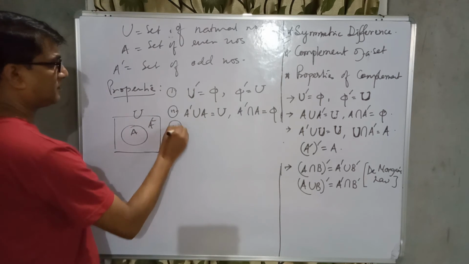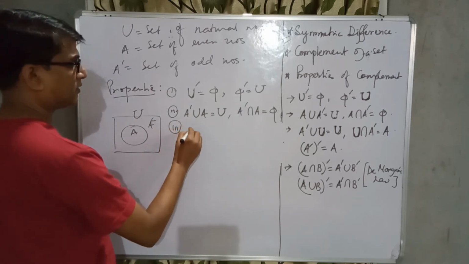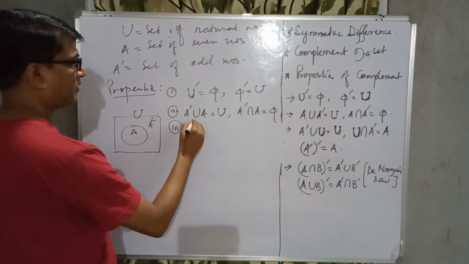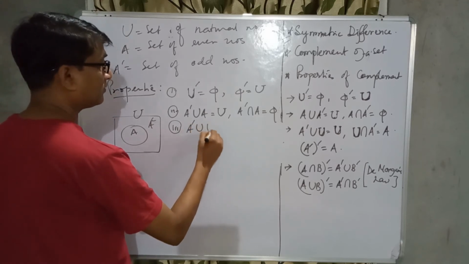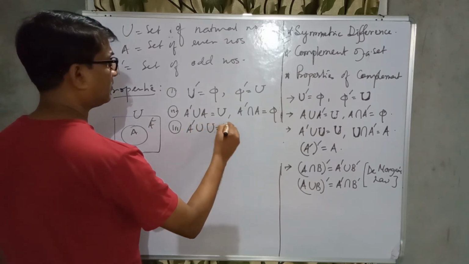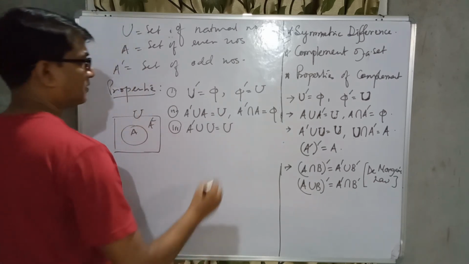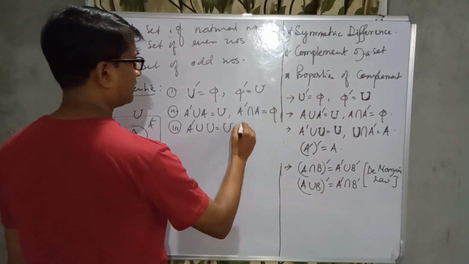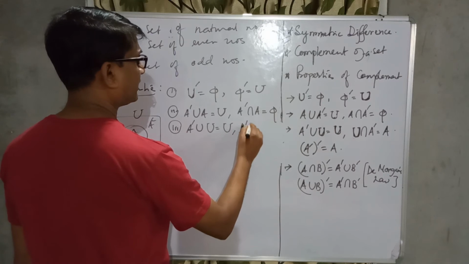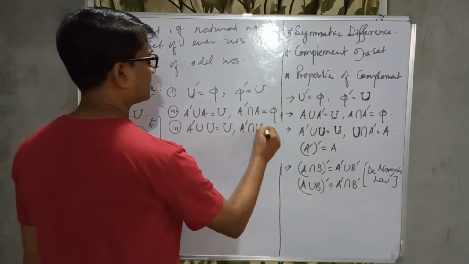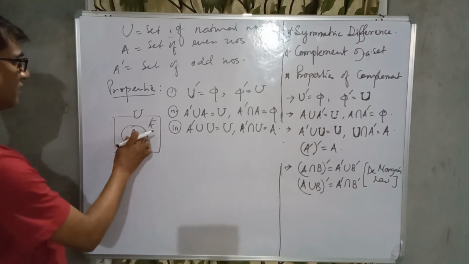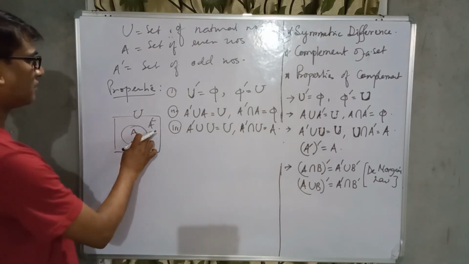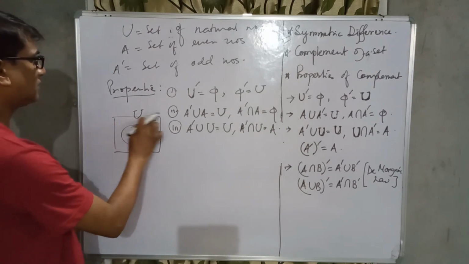Next, number 3. A complement union the universal set is nothing but what? The universal set. And A complement intersection the universal set is nothing but what? A complement.